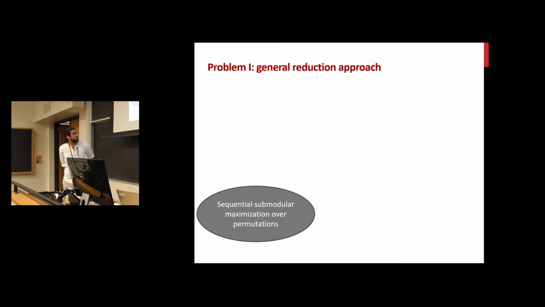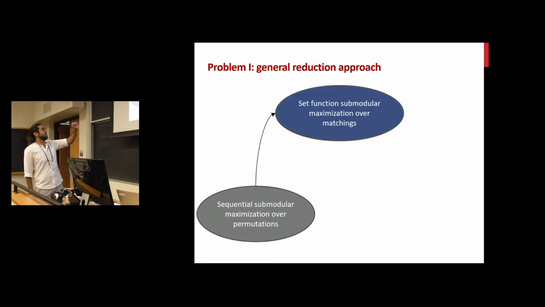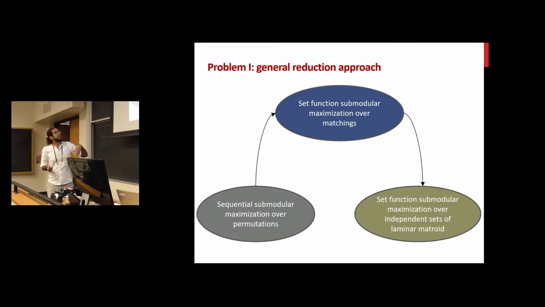So we are going to start with this optimization problem over a set of permutations, the sequential submodular maximization. So I'm going to show you a chain of reductions. So the first reduction is reducing this problem to a set submodular function on a different ground set subject to a perfect matching constraint. That one is actually quite natural. And then I'm going to show you a relaxation of that problem to another set submodular maximization, this time subject to a particular matroid, a laminar matroid.